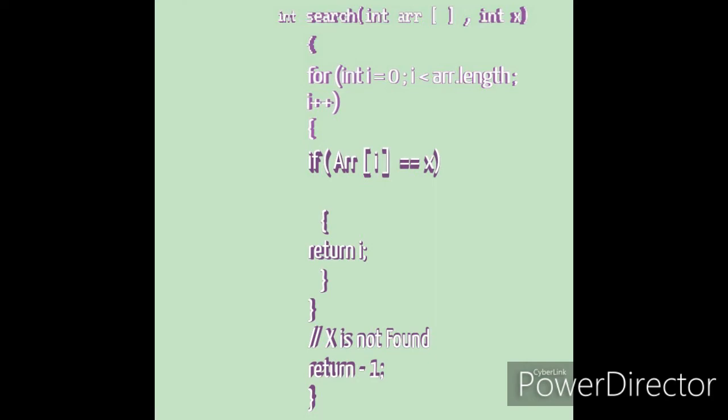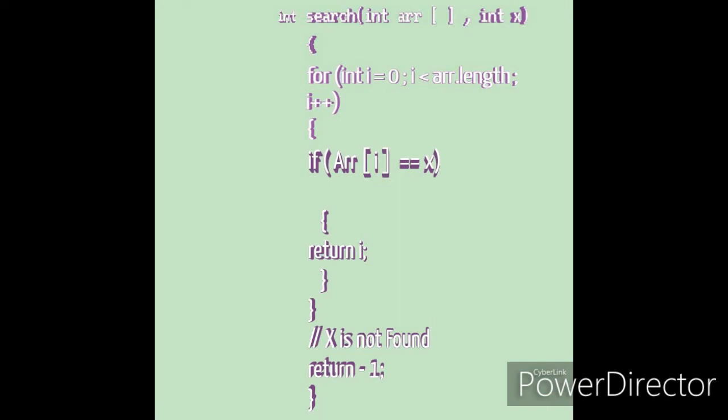So, when we are outside the loop, we know that every element of the array has failed to equal x. At this point, we will say that x is not found. Since x is not found, we are going to return -1.